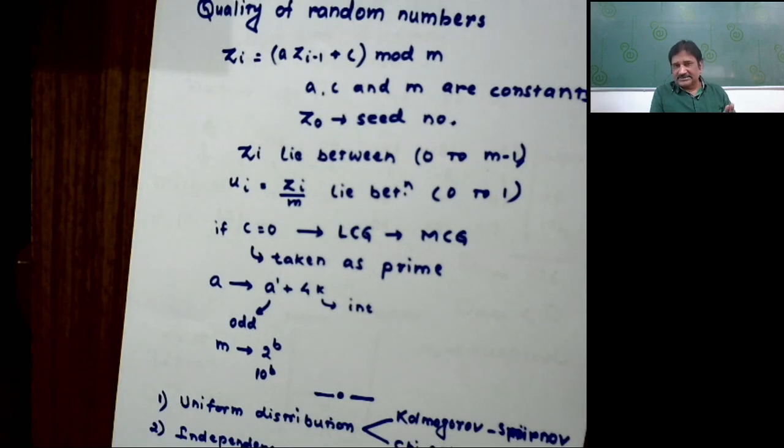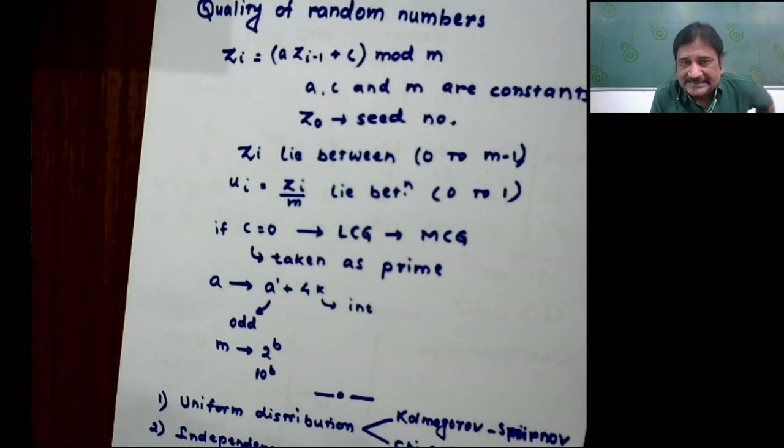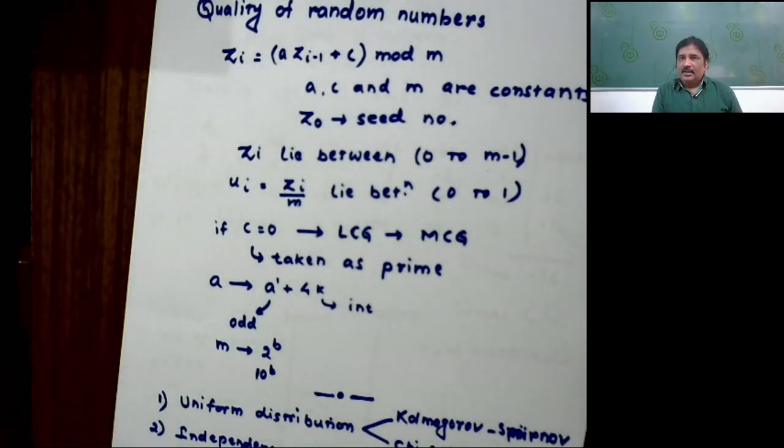And why the last two digits? Because I have taken m equal to 10 to the power 2. And whatever your number, however big it be, your remainder will be given by the last two digits.